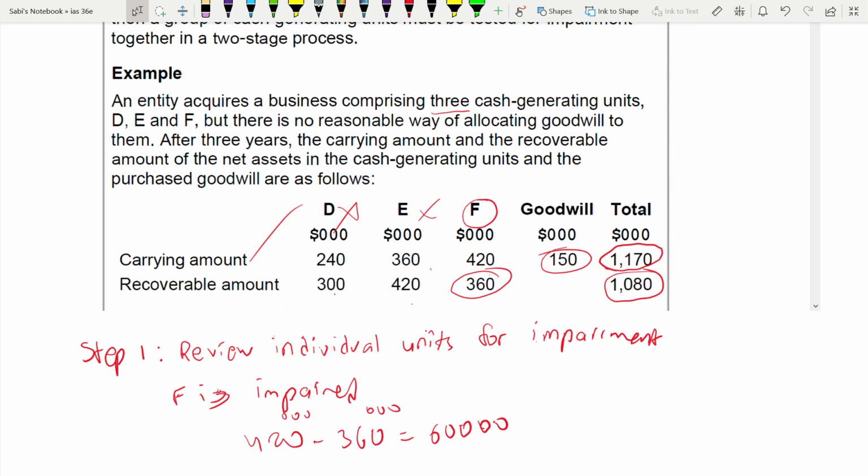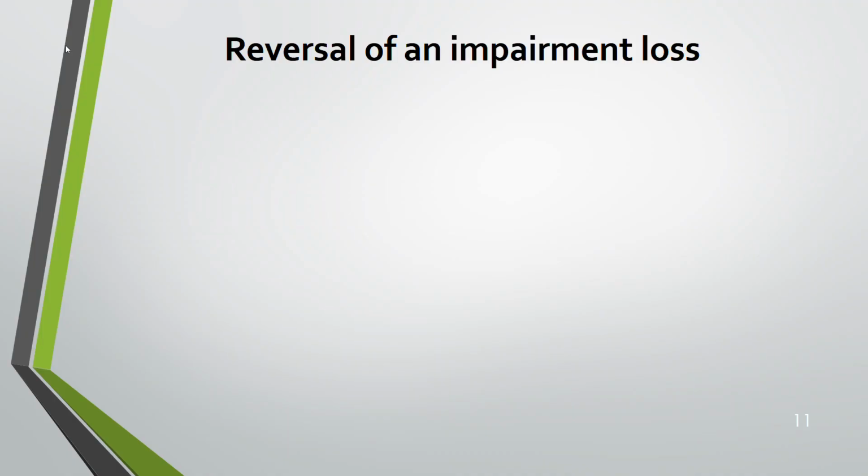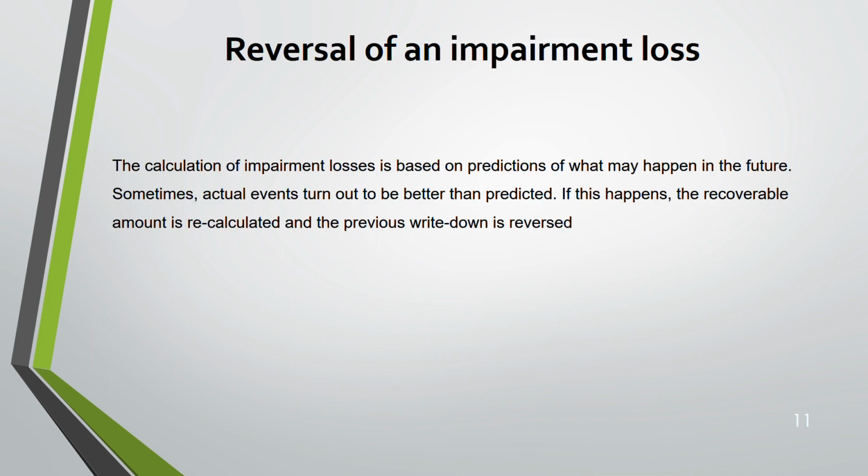Now we'll be moving on to reversal of impairment loss. What happens when the impairment loss is reversed? Reversal of an impairment loss. Okay, see, when you're calculating impairment loss, we are predicting it based on what may happen in the future, right?